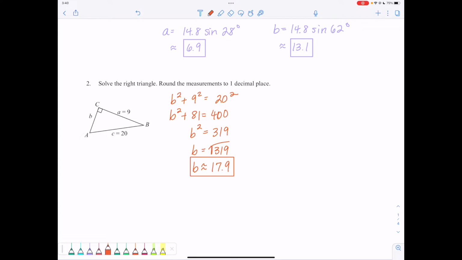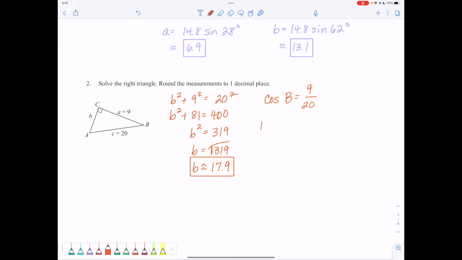Now, let's take a look at these angles. We only have the right angle, angle C. So we will have to find angle B and angle A. We know that the cosine of angle B is 9 divided by 20.